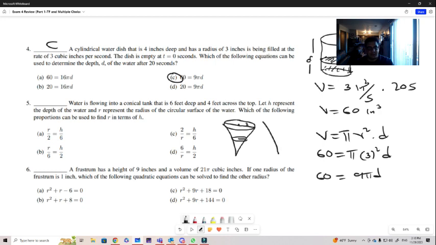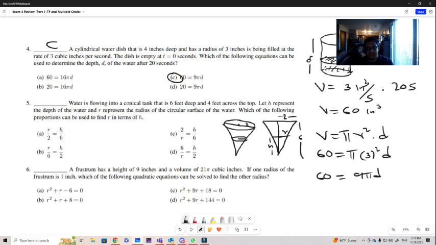So my situation in a cross-section will be something like this. Here we have 2 from this piece, we have r from this piece. This is the water that's being filled, a certain h that we don't know, and the total height of the cone is 6.